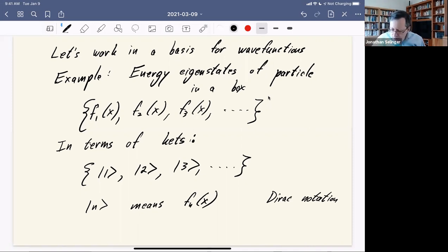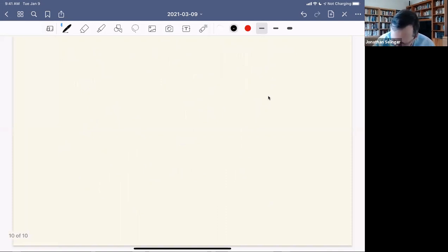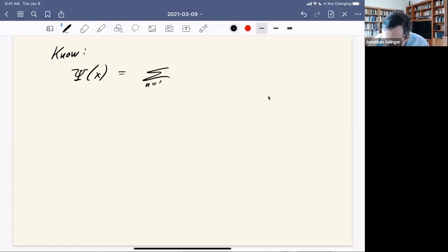Okay, so we know that any arbitrary state, like psi of x, can be written as a sum, n equals 1 to infinity, of some Cn, Fn of x, right? This is what we were doing when we were figuring out the initial condition for a particle in a box.